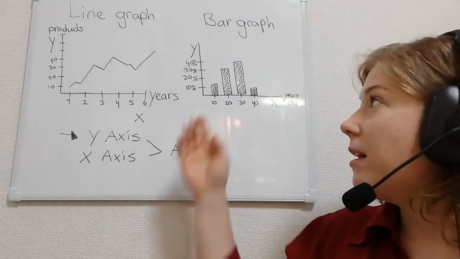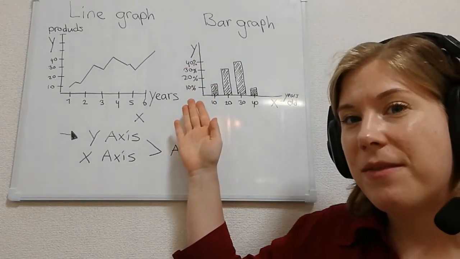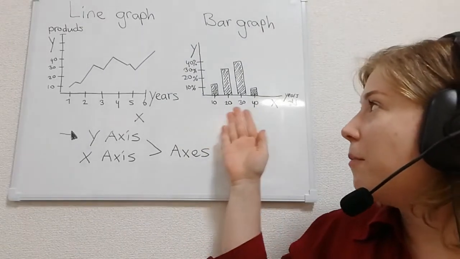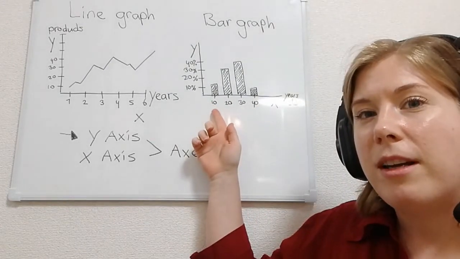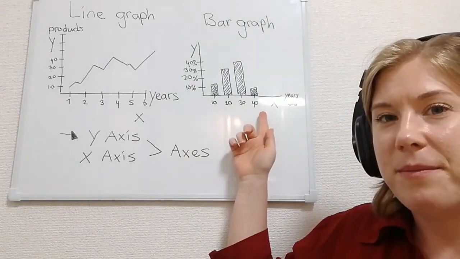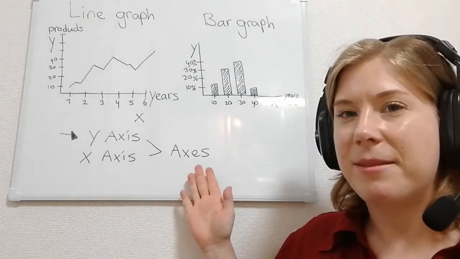Or in this case, a y-axis that shows the percentage, and then the x-axis shows the types of people, so people who are in their teens, 20s, 30s, or 40s. The plural for axis is axes.